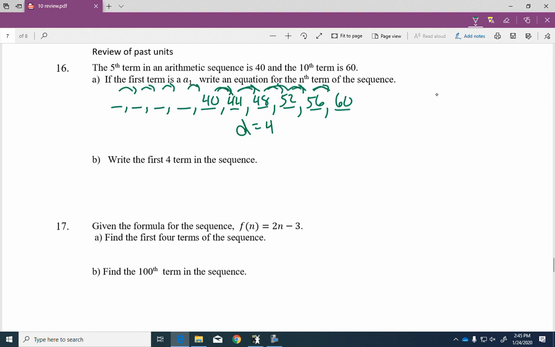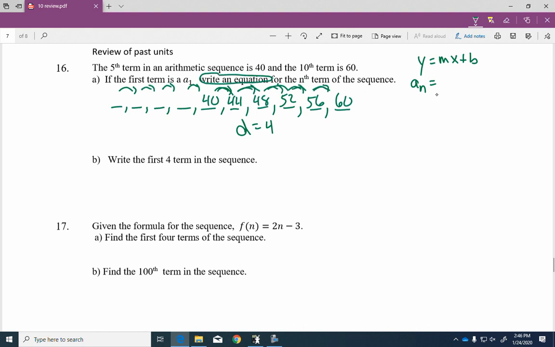So they're asking us to write an equation for the nth term of the sequence. I have showed you that it's similar to linear equations. It's the same format. Arithmetic sequences always turn out to be linear. So it's similar to y equals mx plus b, except since it's a sequence, we like to use a sub n.